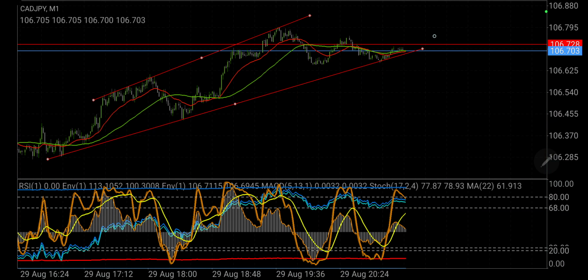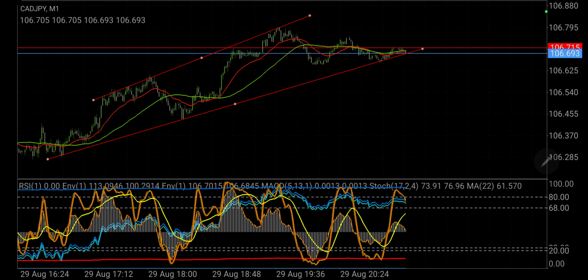How you doing? Hope you're doing well, and hope you like my previous strategy which I brought for you before. And this strategy, as you can see on my chart, is going to be a different thing with the trend line.